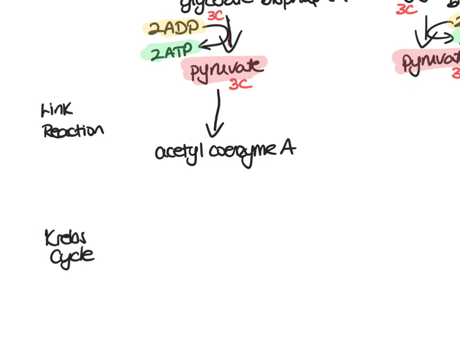Acetyl coenzyme A is a 2-carbon molecule. So we lose a carbon here in the form of carbon dioxide. So coenzyme A needs to be added there to make acetyl coenzyme A. We lose a carbon dioxide molecule.